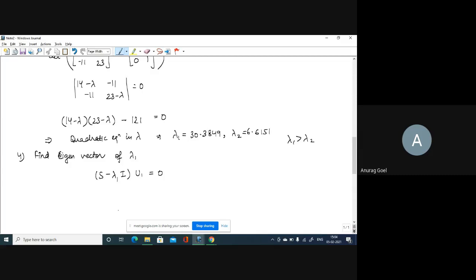Taking from here, this is the matrix [14 minus lambda 1, minus 11; minus 11, 23 minus lambda 1], multiplied by the 2 cross 1 matrix of u1 and u2, and this is 0.